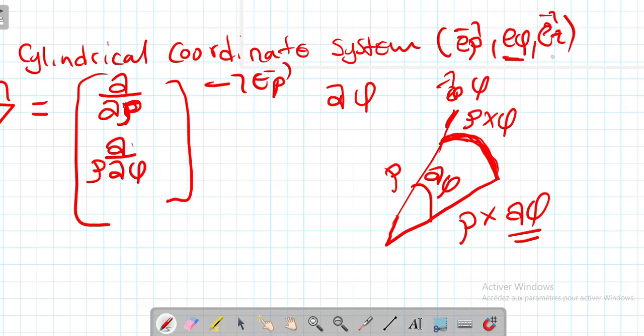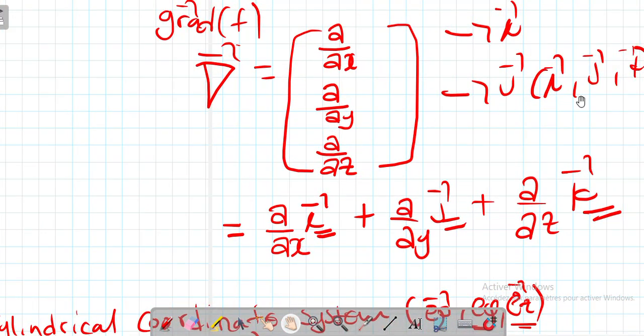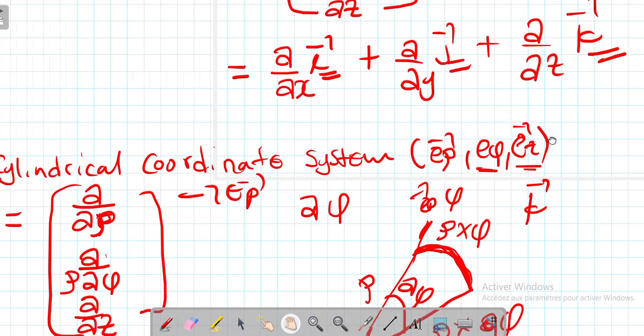Okay. Then the third component is e z or k. When you watch the coordinate system, this is in the direction of z. So what do you do? It's del over del z. You don't change anything. It's the same, because I said the cylindrical coordinate system borrows the last unit vector. They borrow it from z.